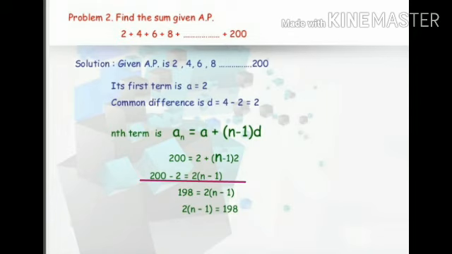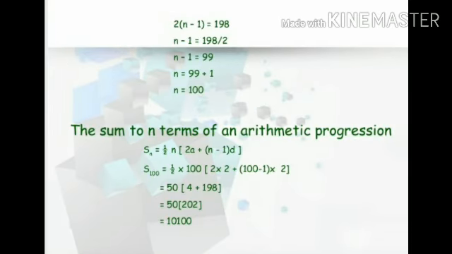Then we write 200 minus 2 equals 2 into the bracket n minus 1. Now we can write 2 into bracket n minus 1 equals 198. So we take this 2 to the right side, then it divides 198. 2 nines are 18, we divide that, we get 99.